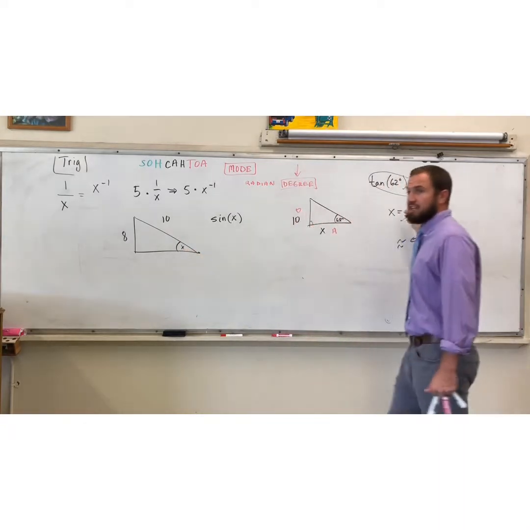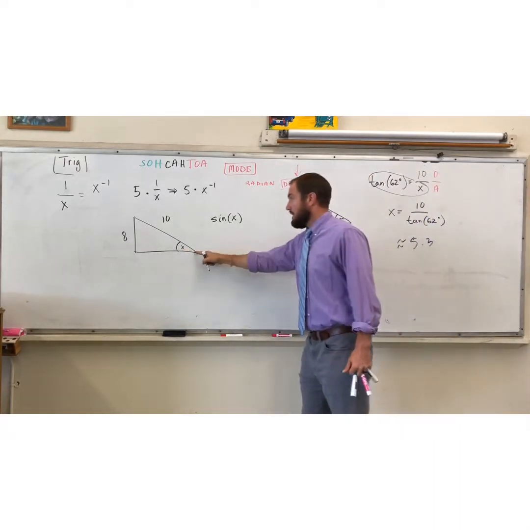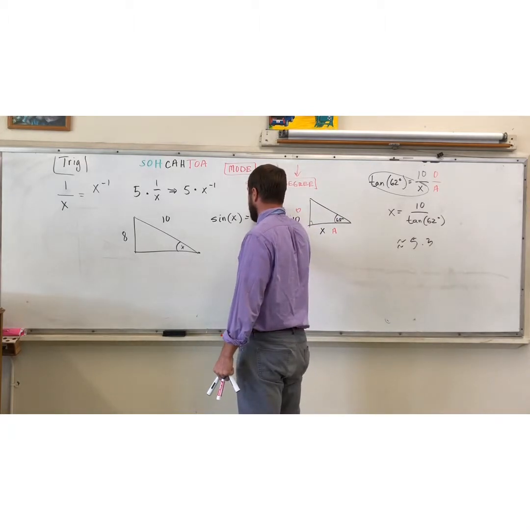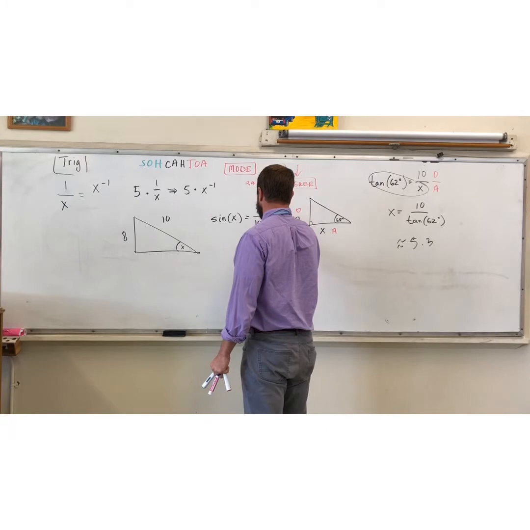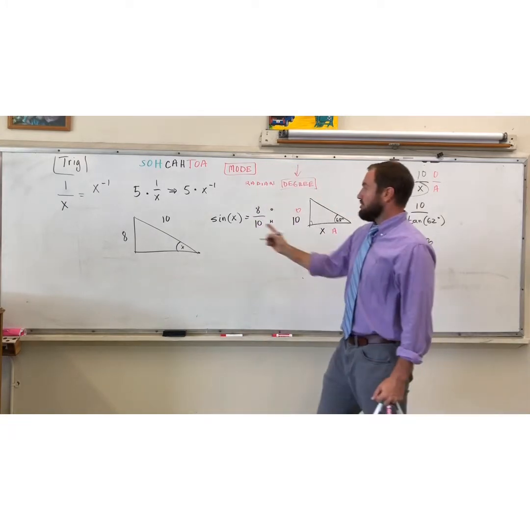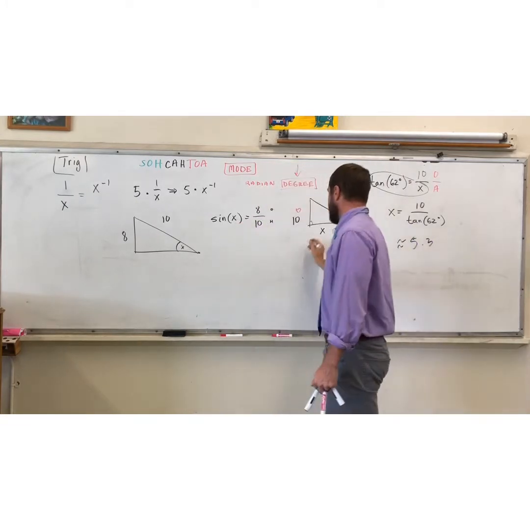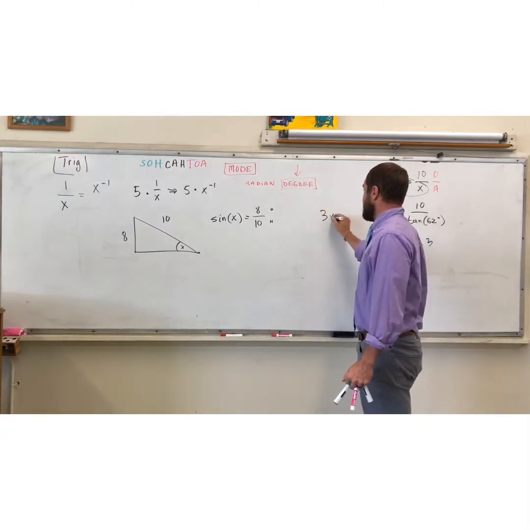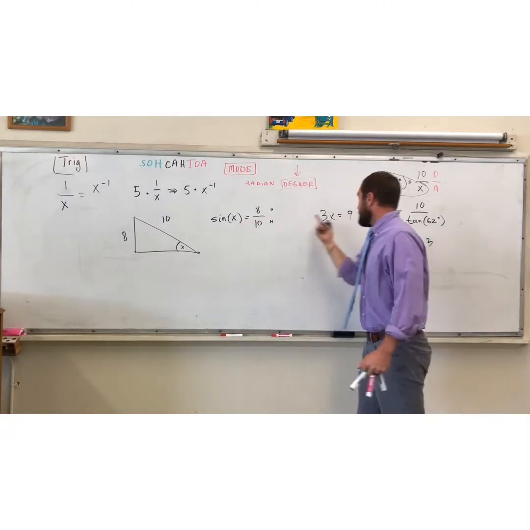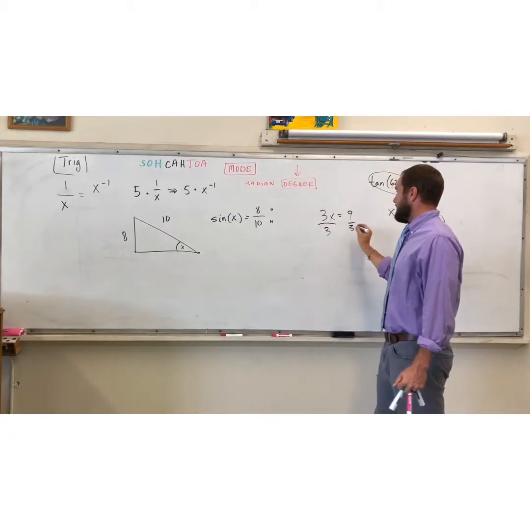Here we're solving for a side, here we're solving for an angle. Now, what you'll notice, I have my opposite over hypotenuse, my OH. If I want to get x by itself, let's say you had 3x is equal to 9, in order to get the x by itself, I divide by 3.